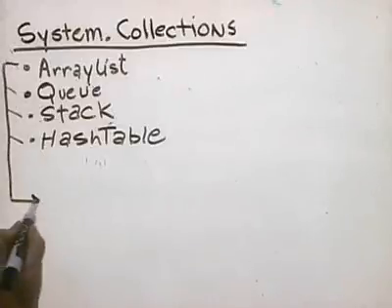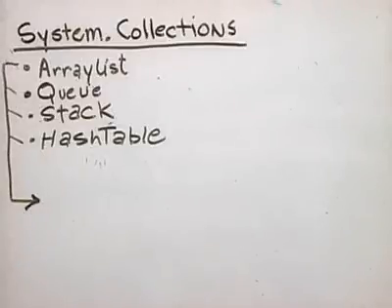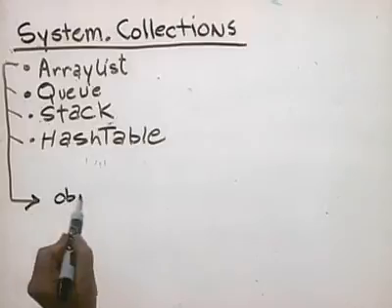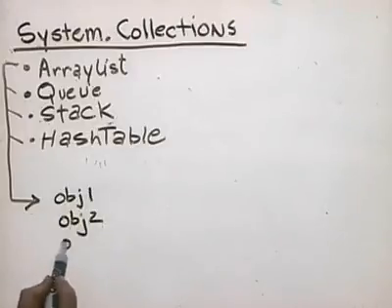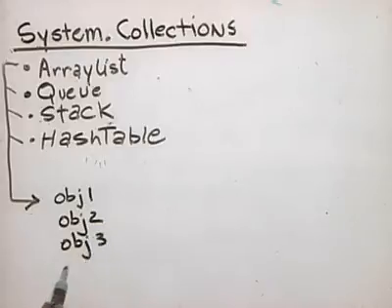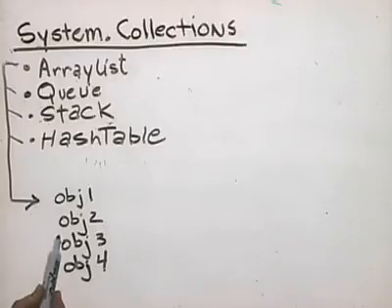An array list allows me to have a list of objects, just like a normal array. But the difference is that I can expand this array list at will. Not only that, but I can insert another object wherever I want.